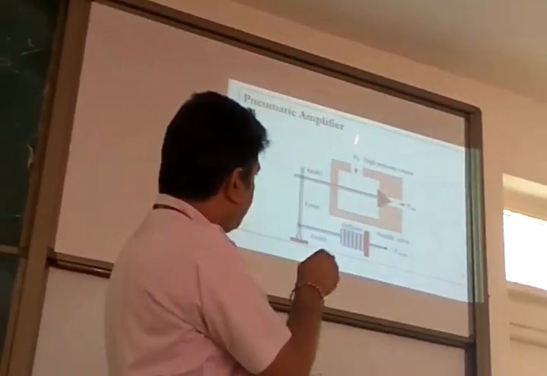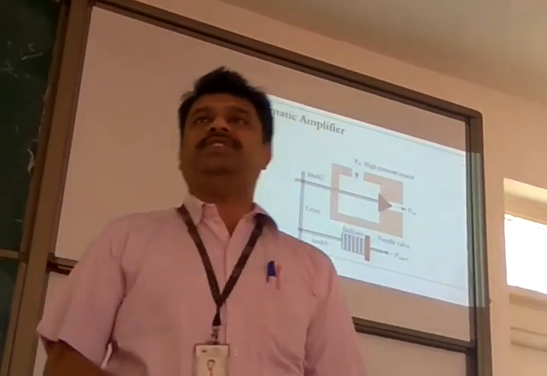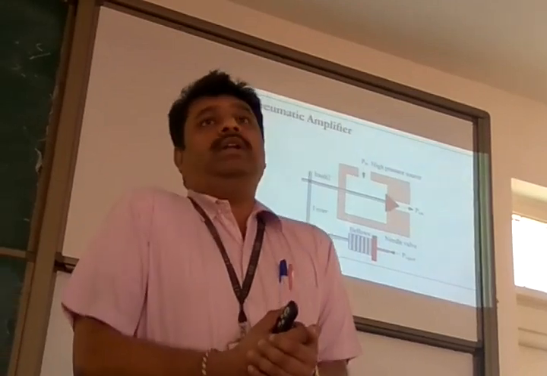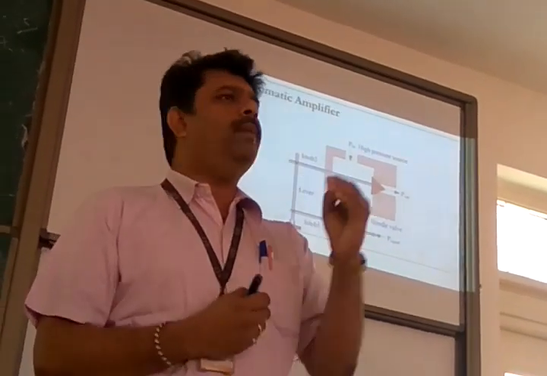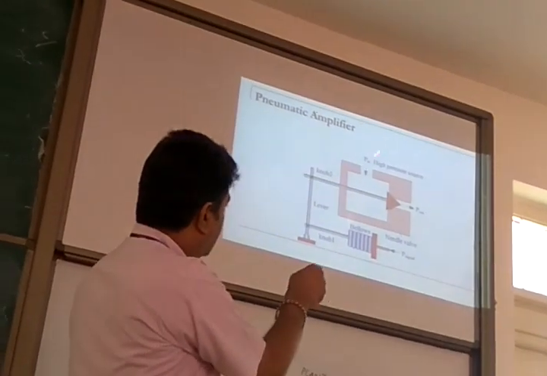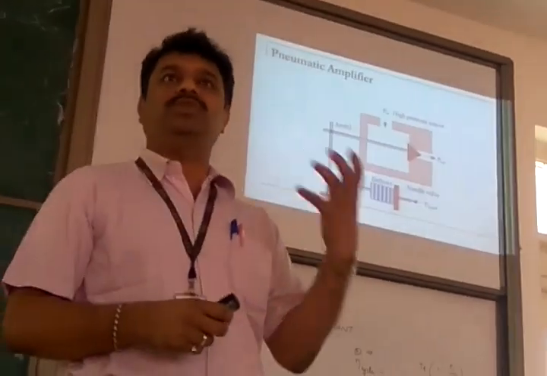Here there is a big power source attached, a big pipe through which high pressure air is coming out. Pressure is also high, discharge is also high. So I will have big power. Power level is increased. It uses an external power source.